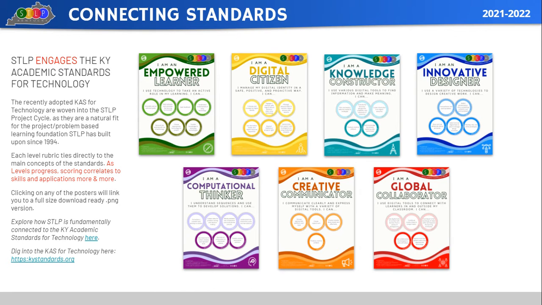So it engages the Kentucky academic standards. There are new Kentucky academic standards for technology, and kids have to actually show mastery of them before they can graduate, although nobody's really figured out what that means yet. But anyway, these standards speak to making students empowered learners, digital citizens, knowledge constructors, innovative designers, computational thinkers, creative communicators, and global collaborators.